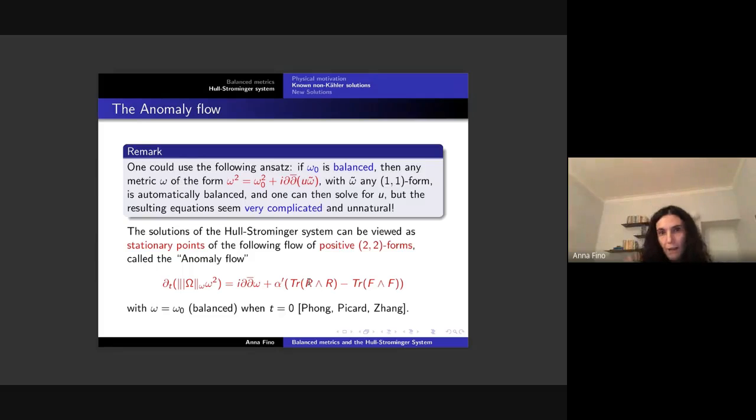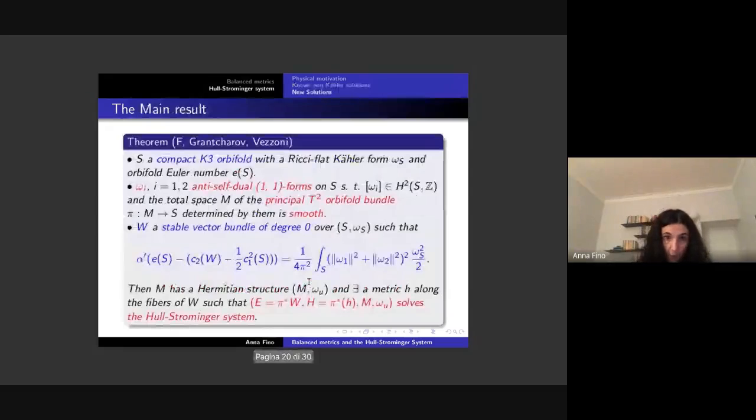So R is just R nabla, okay? And F is just F_H, as I denoted before. But what is important to note here is that when you start from a balanced or conformally balanced metric, if the flow has a solution, then the solution remains conformally balanced. And there are many results related to that, but I don't want to talk about that. I just want to mention it.